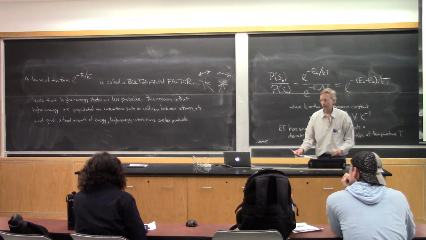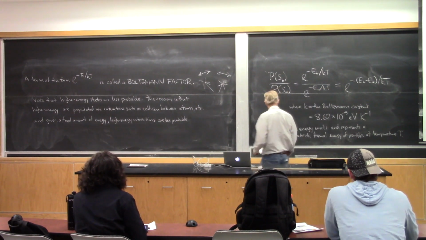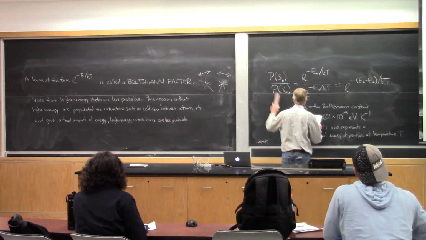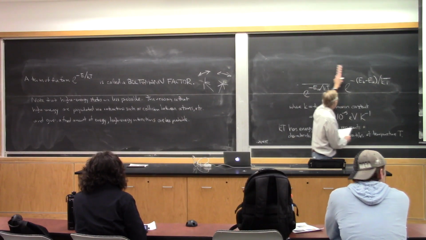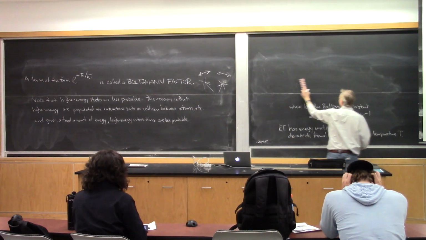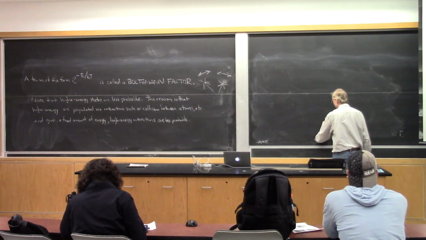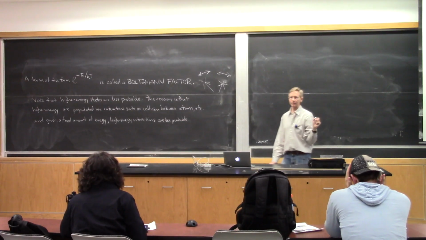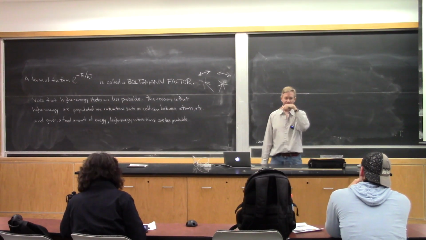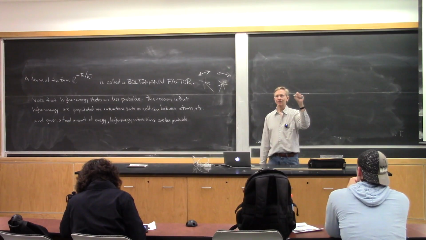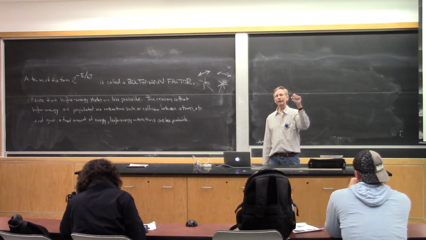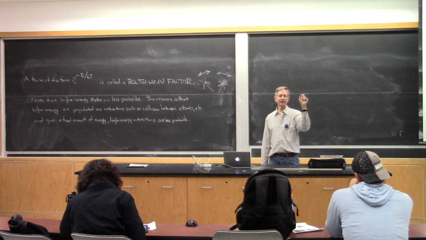So let's continue with some gloriosity here, because notice that if you've got degeneracy, all the states with a given degeneracy are equally probable, right? Because it only depends on the energies. So if you're looking at, say, the n equals 2 states in hydrogen, they all have the same energy.